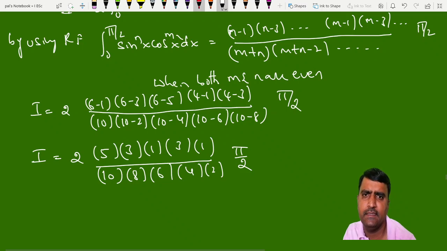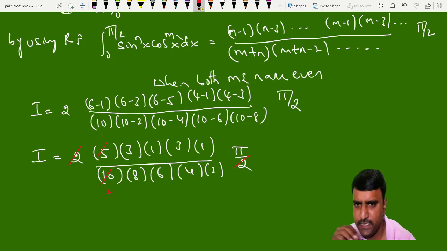Here you can cancel this 2 and 2. Also 5 ones are 5, 2 fives are 10. Again 3 ones are 3, 2 threes are 6. Does anything else get cancelled? If not, you multiply and write the answer.